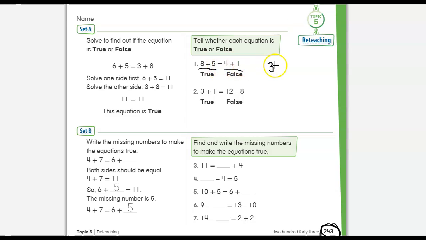And then I'm just going to carry my equal sign over, put this here, equals, and then what is 4 plus 1 when we solve the other side of the equation? 4 plus 1 is 5. So now our equation, once we solve it, it says that 3 equals 5. Is this a true equation or is this a false equation?